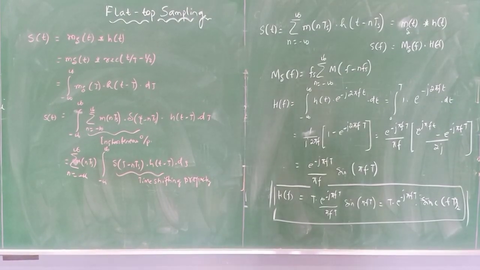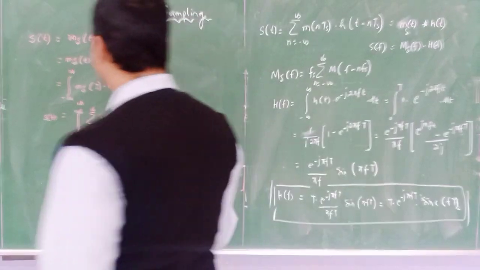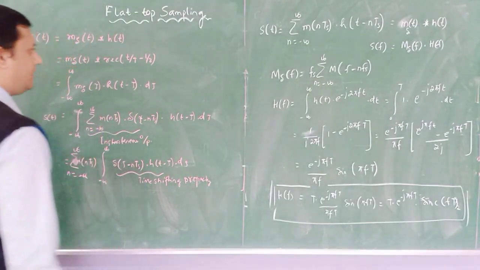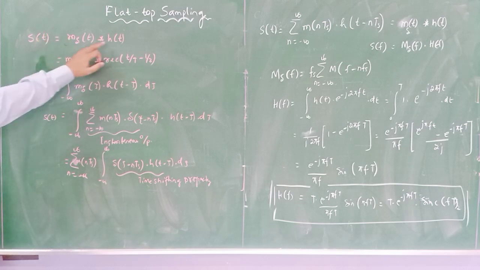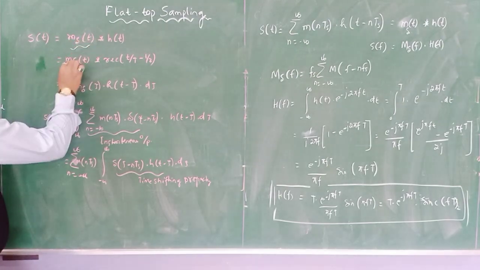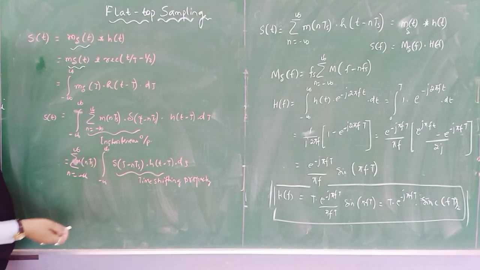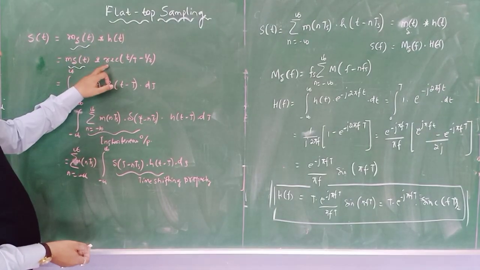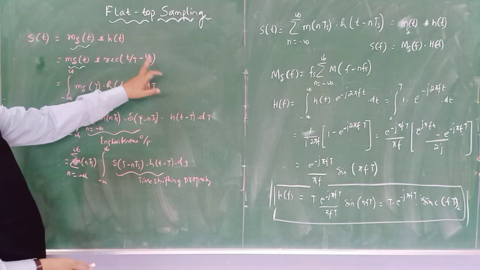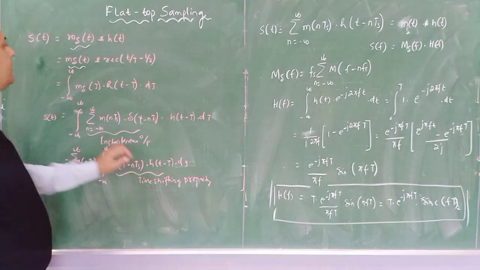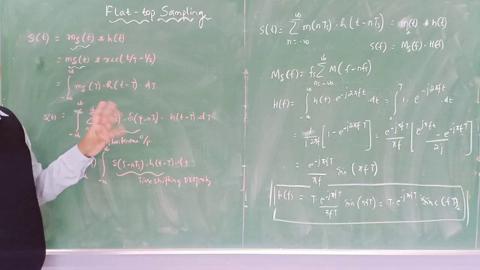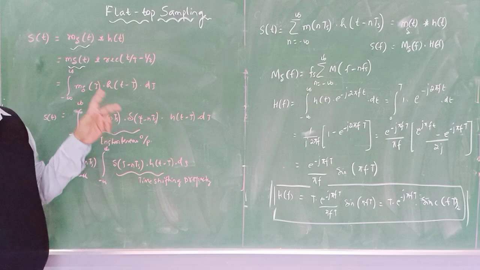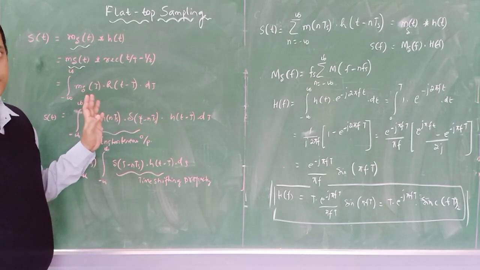Okay. So s of t we need to calculate with the instantaneous sample signal and the filter response. The instantaneous sample signal is m delta of t, and the filter response is rect of t by T minus half, which we have derived. Since it is a continuous function, you can't take summation convolution; you need to take integral convolution, from minus infinity to infinity.